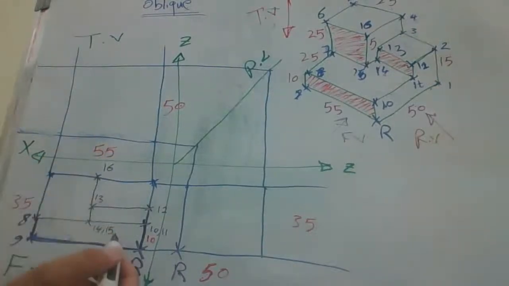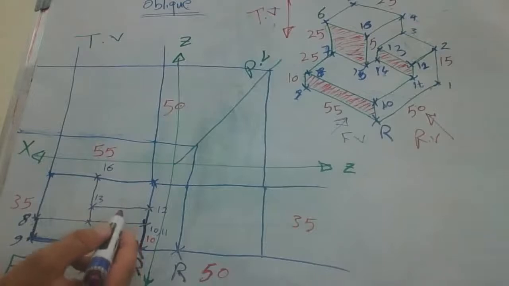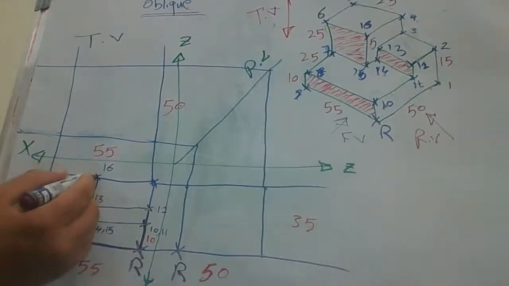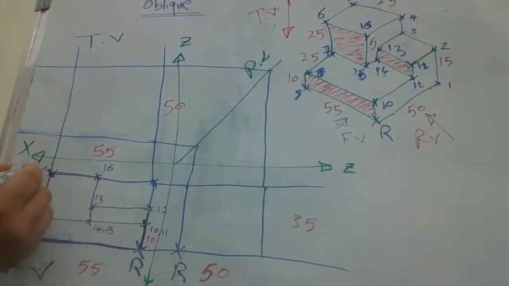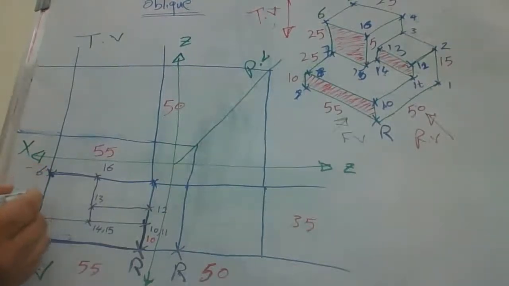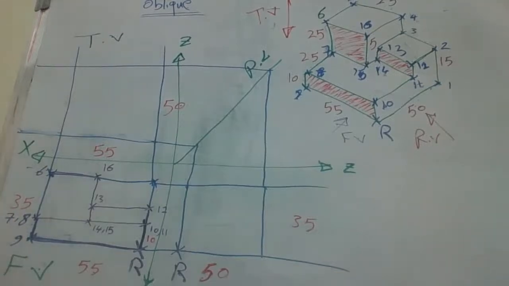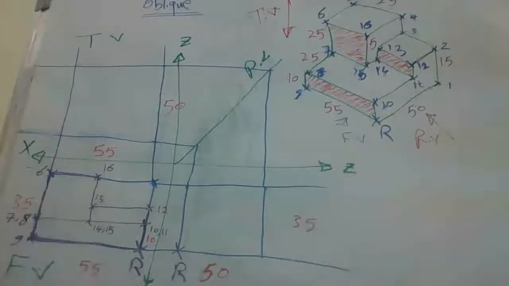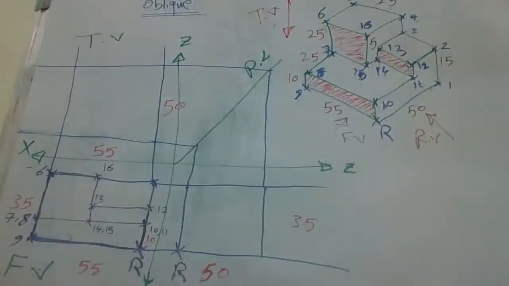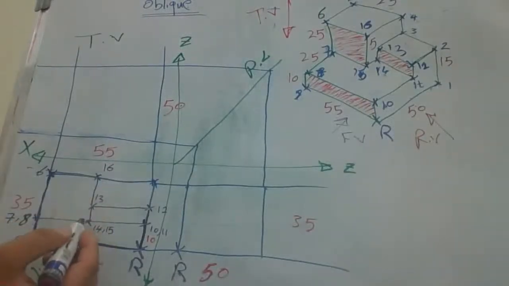Okay, now we draw this surface and this surface, and the final surface is 16 to 6, and from 6 to 7, and 7 is behind 8. So we can complete this to get the final shape we see here.